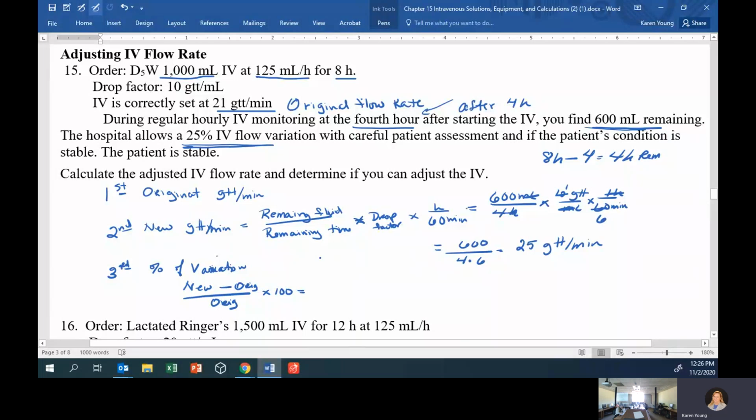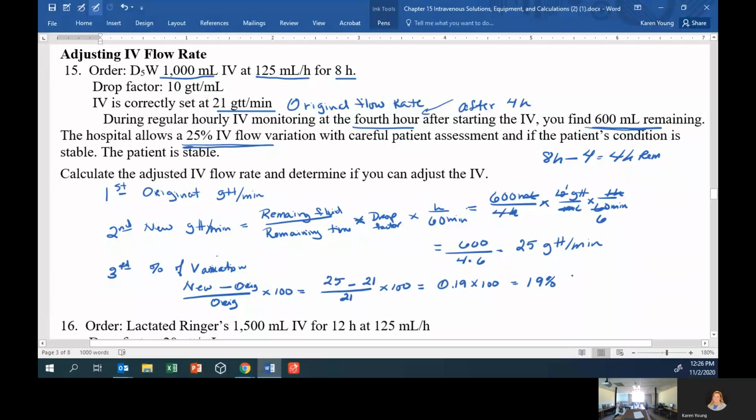Our new flow rate is 25 drops per minute. The original was 21, so I divide by 21 because that's the original, and multiply by 100. So 25 minus 21 is 4, divided by 21. I get 0.19, times 100, and I get 19%.